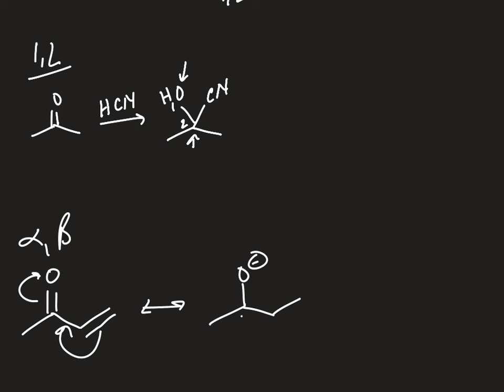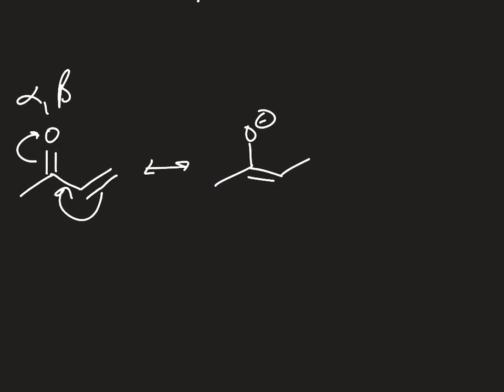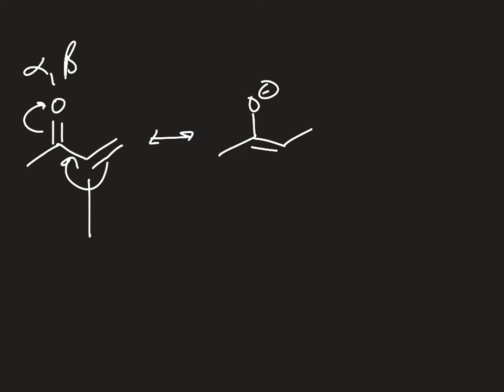So this is why it's called conjugated. The carbon that's 1 away from the carbonyl is the alpha carbon, and the carbon that's 2 away from the carbonyl is the beta position. So alpha-beta addition tells us we're going to be adding groups into those two spots.